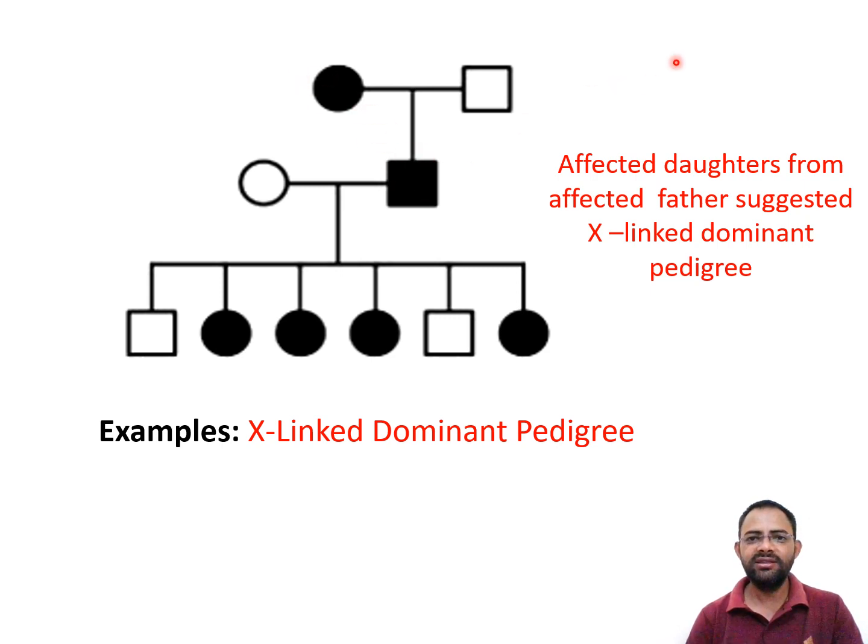And here the third thing is that all daughters are affected from their affected father, and the trait is not transferring from father to son, which confirms the X-linked dominant pedigree.